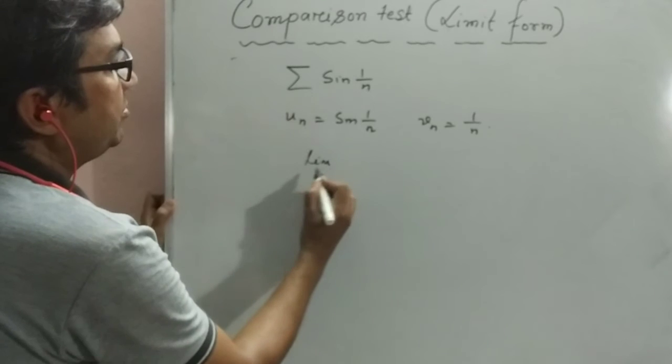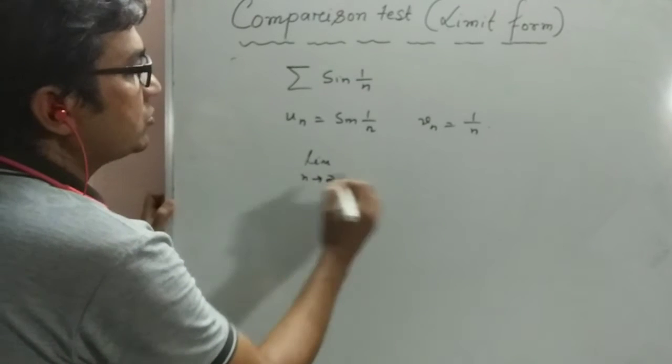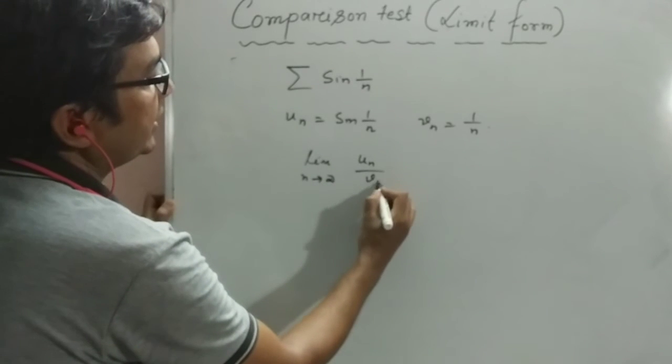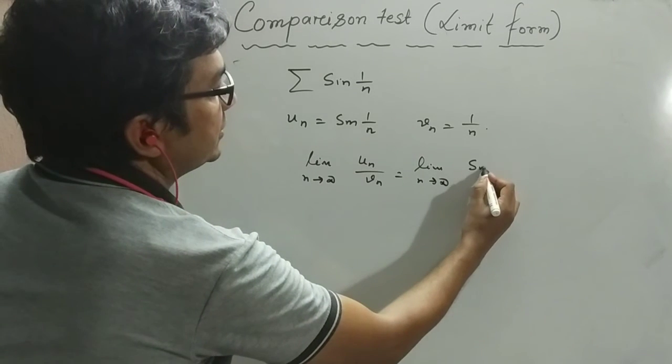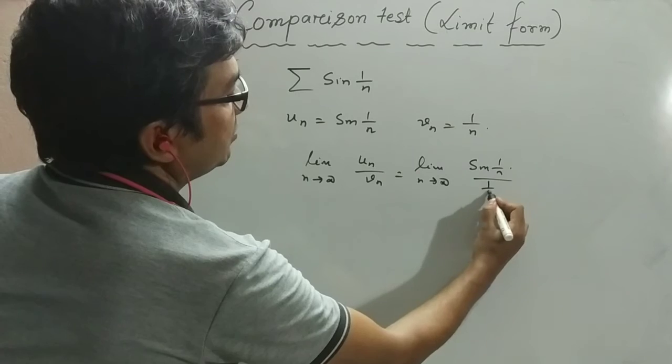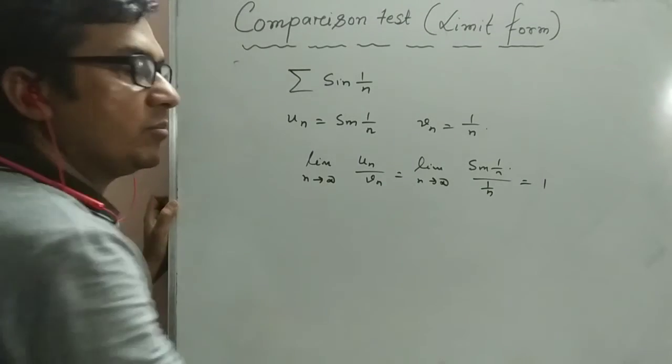Now limit n tends to infinity un by Vn equal to limit n tends to infinity sine 1 by n by 1 by n equal to 1, finite.